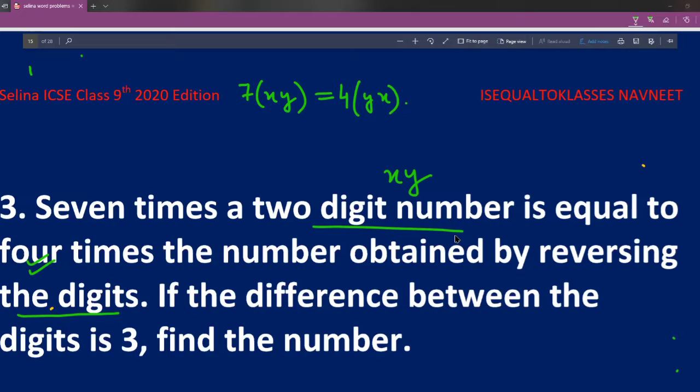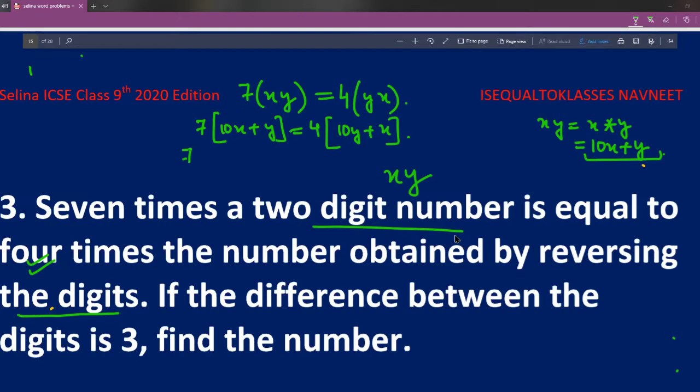As I've told you already, here xy is not equal to x into y. It is equal to 10x plus y. I hope you are clear. So I can write this as 7 times (10x plus y) is equal to 4 times (10y plus x).